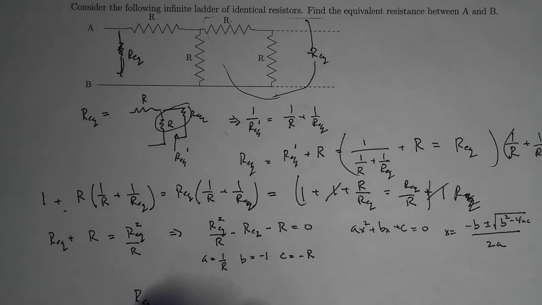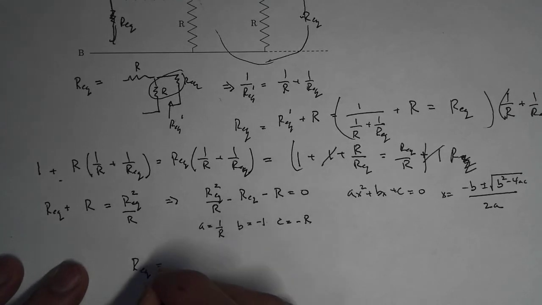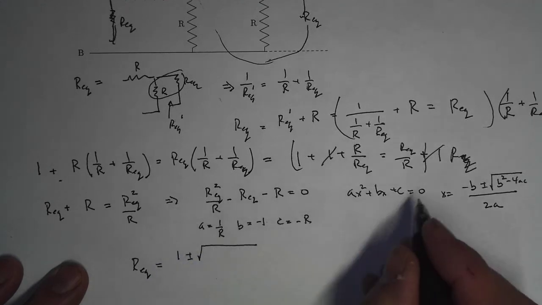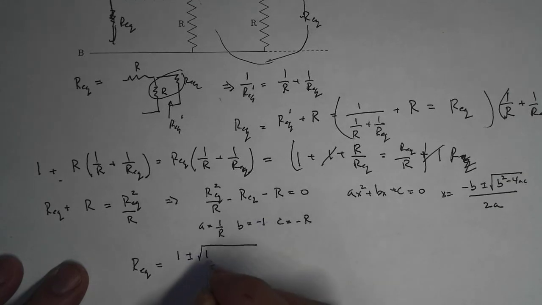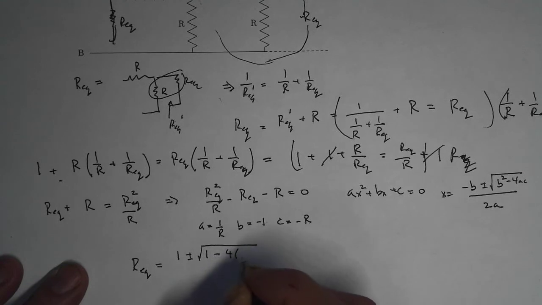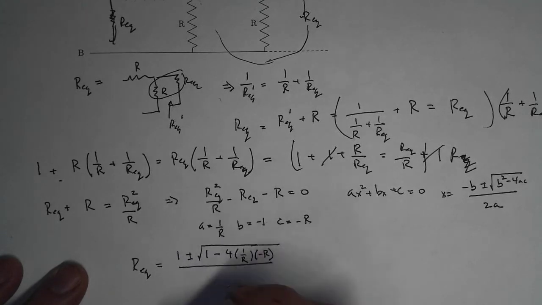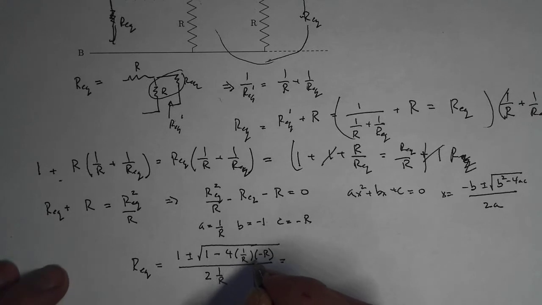REQ is equal to minus B, which is 1, plus or minus the square root of B squared, which is minus 1 squared, which is 1 again, minus 4AC, so minus 4 times A, which is 1 over R, times C, which is minus R, divided by 2A, which is 2 over R. R times 1 over R is 1, minus 1 times minus 1 is a plus 1, so it's 1 plus 4, which is 5.